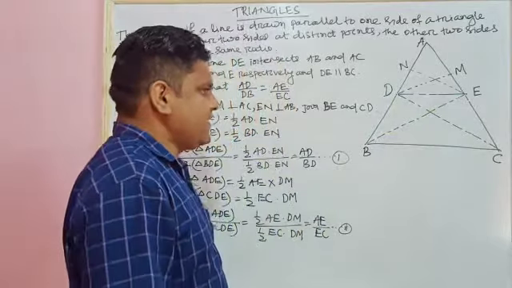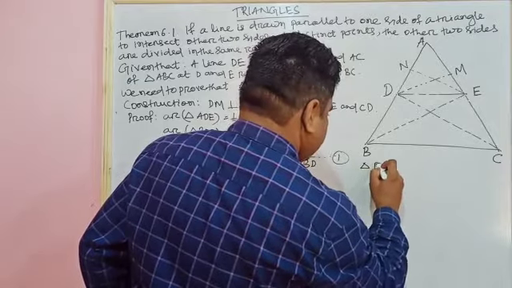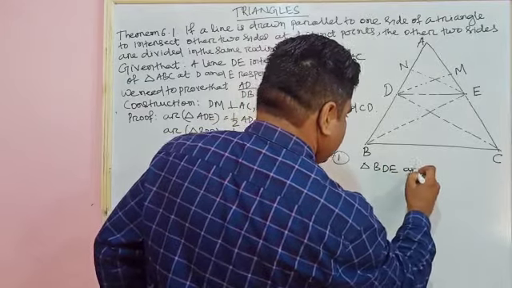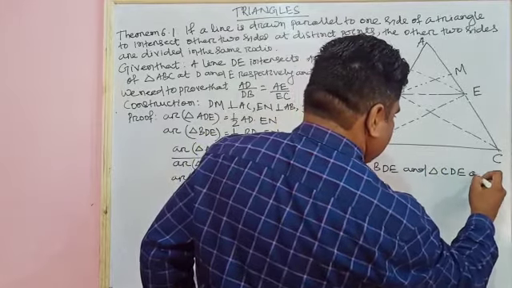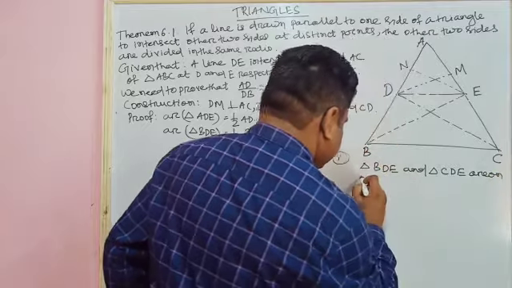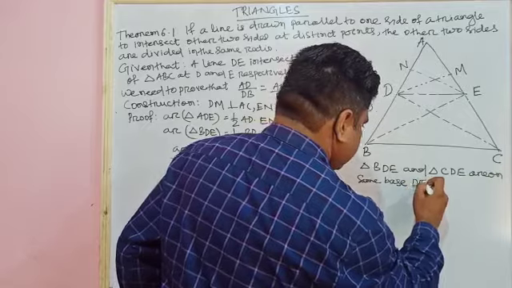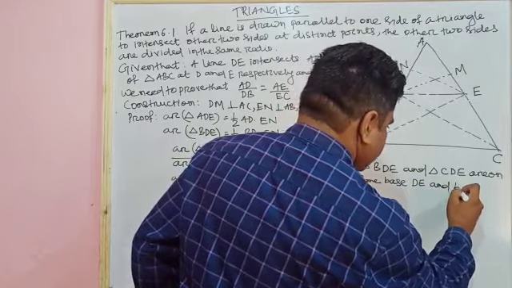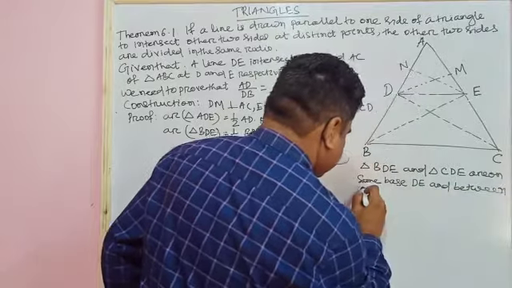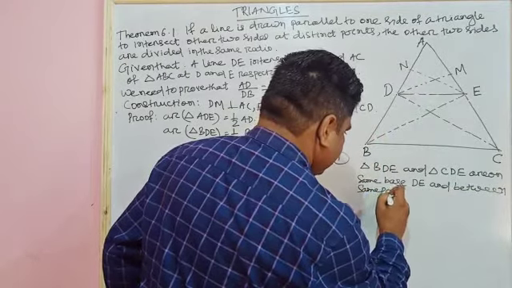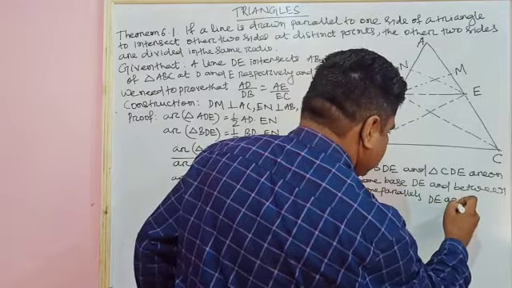So we have to write triangle BDE and triangle CDE are on same base DE, and between same parallels DE and BC.